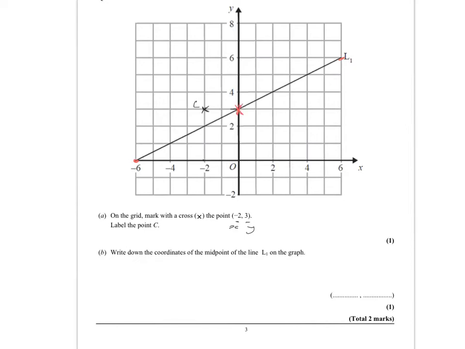We can see that by eye, where's the middle of the line, but we can prove it more mathematically in that from here to here is 6 on the x-axis, and from here to here is another 6, so halfway is in there, and then also going up, it's 3 up to that point and then 3 up to that point. So this is our middle point. That point there is when x is 0 and y is 3.